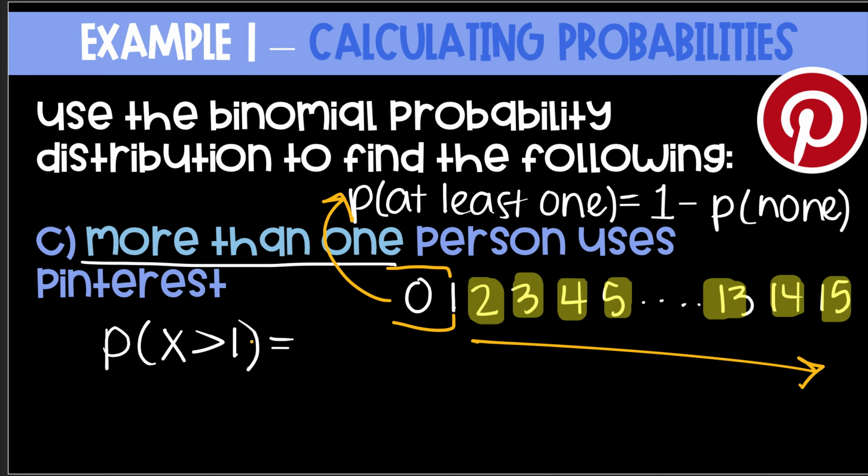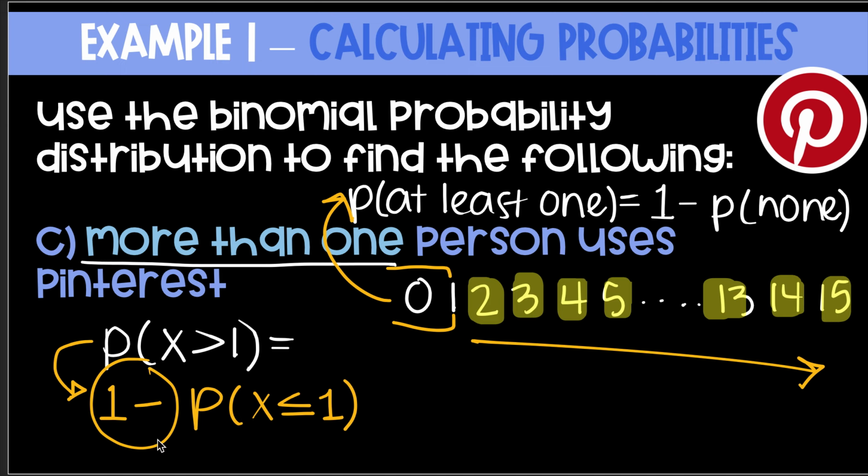Instead of finding the probability of more than 1 directly, I'm going to first find the probability of at most 1, including the 1, X less than or equal to 1, and subtract it from 1 in order to find the probability of 2 or 3 or 4 or 5 or 6, all the way through 15.